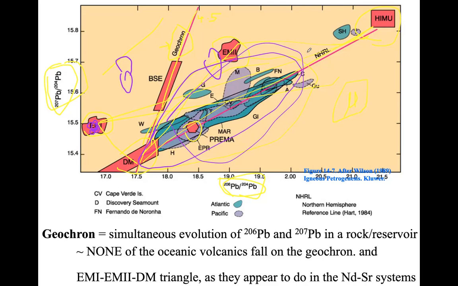And this NHRL means Northern Hemisphere Reference Line, because most of the rocks in the Northern Hemisphere are plotted along this line. Although they are showing a cluster, that's why it's called the Northern Hemisphere Reference Line, and it is reflected in lead isotopes only, not in samarium neodymium, or rubidium strontium, or anything, right?